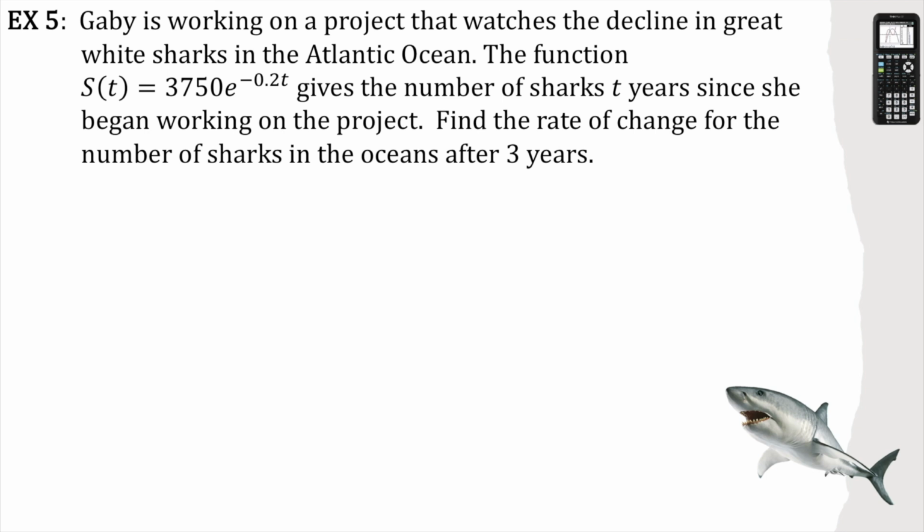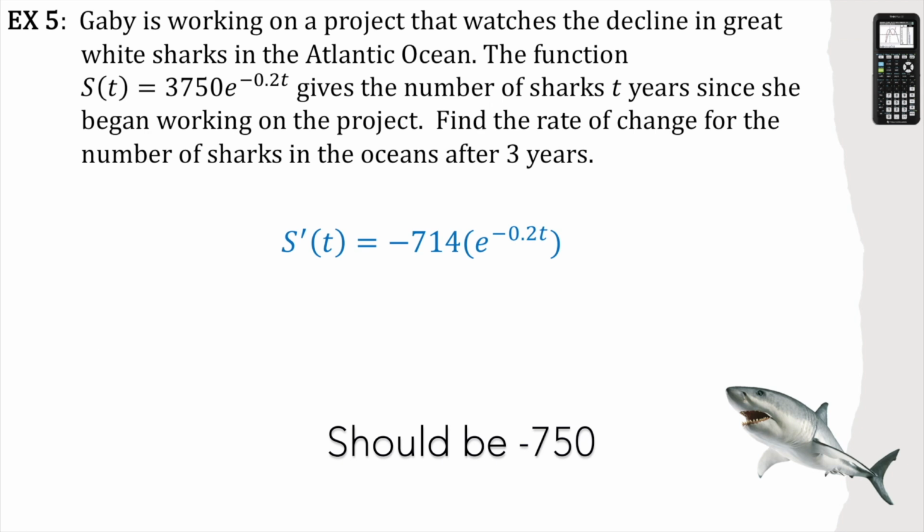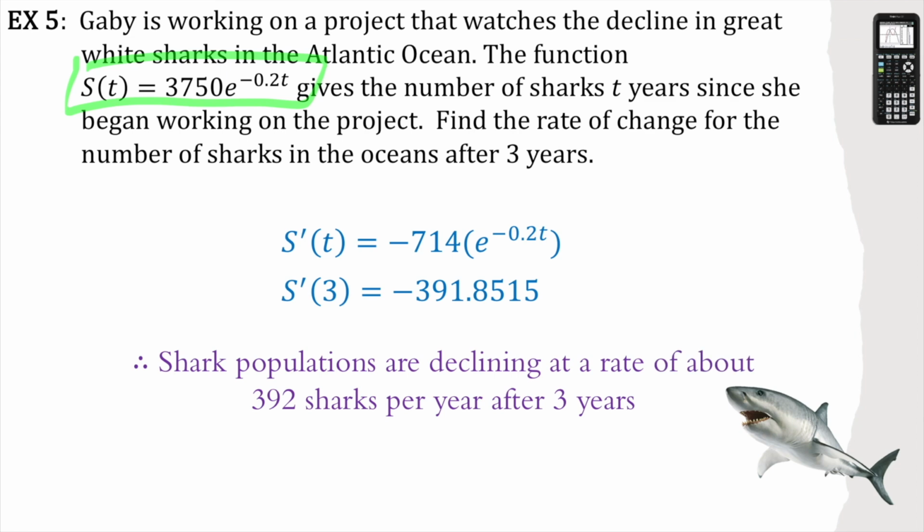Okay, so rate of change, that's a derivative. So we need to find the derivative of our population function here, and then plug in 3. So negative 391.8515. That means that shark populations are declining at a rate of about 392 sharks per year after 3 years.